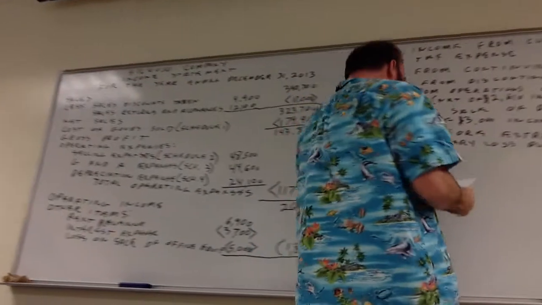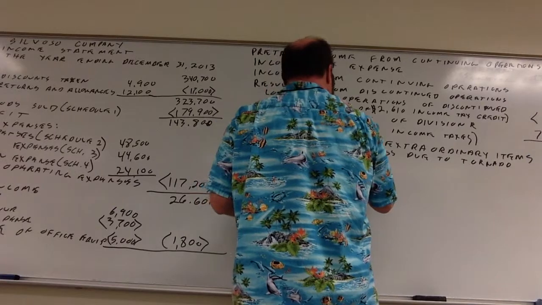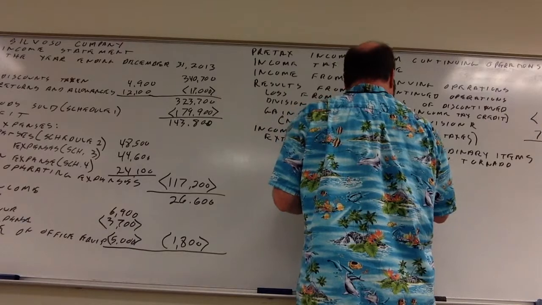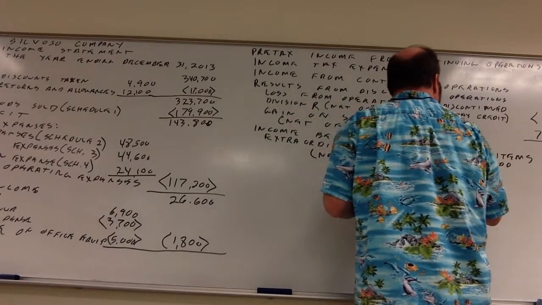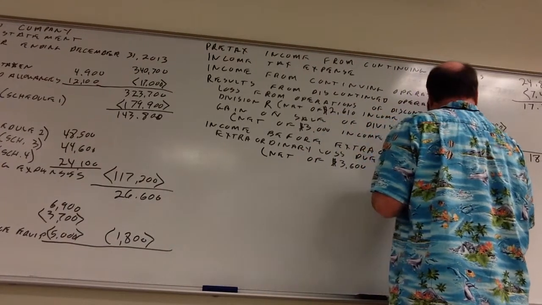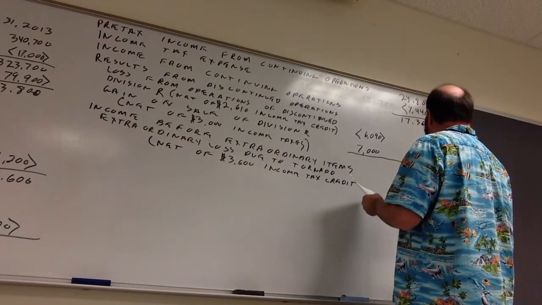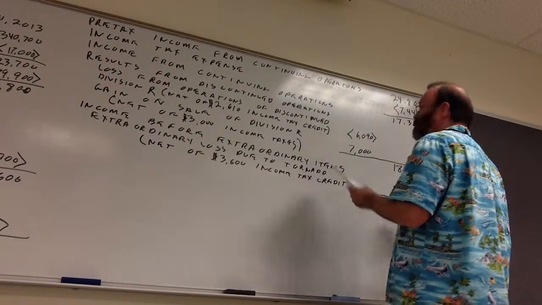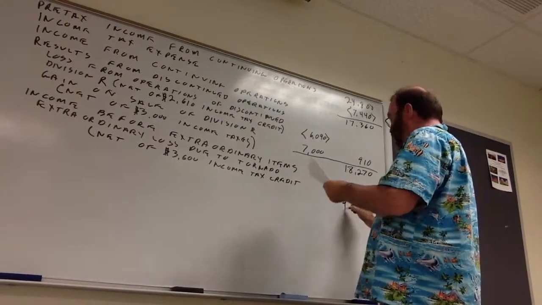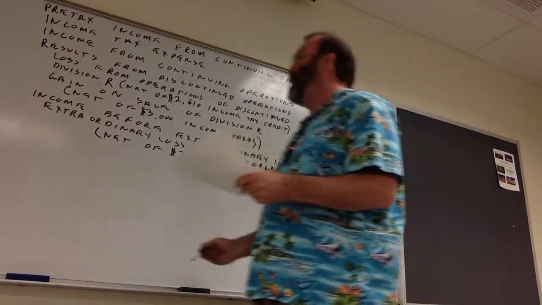It has to be unusual and infrequent. So this is going to be net of $3,600 income tax credit. Which leaves us $8,400 post-tax to subtract from the income before extraordinary items, and we get $9,870 as our net income.